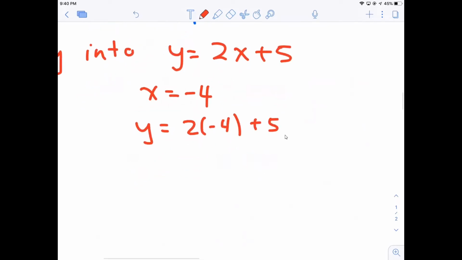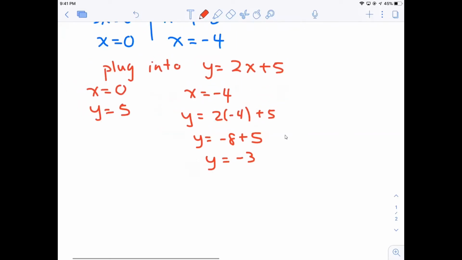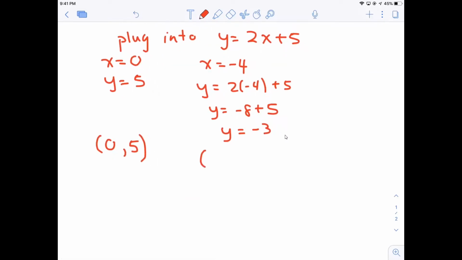So my y value is equal to negative 8 plus 5, and my y value is negative 3. These are ordered pairs, so I can write my final solution as (0, 5) and (negative 4, negative 3).